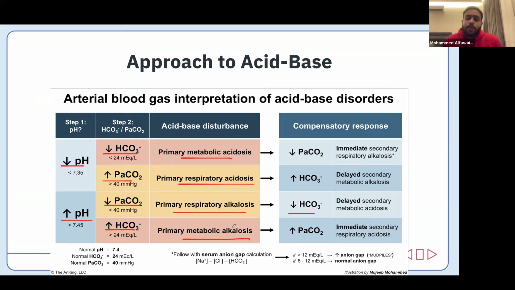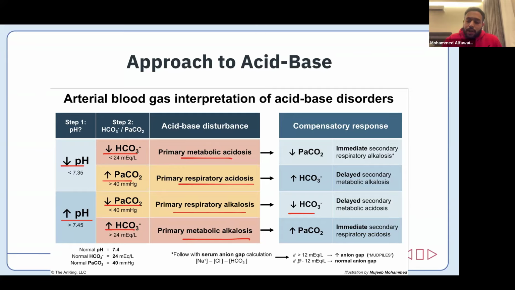Second step is metabolic or respiratory. Third step is whether it's compensated or concomitant, or there's something else. Fourth step, which is only for metabolic acidosis, is you check for the anion gap. Okay? These are the 4 steps that you do for any patient with an acid-base disorder.